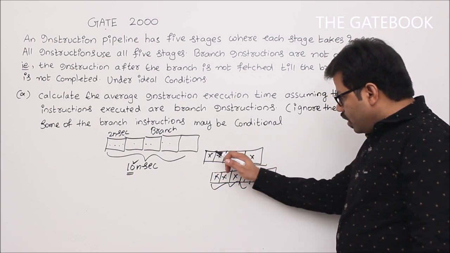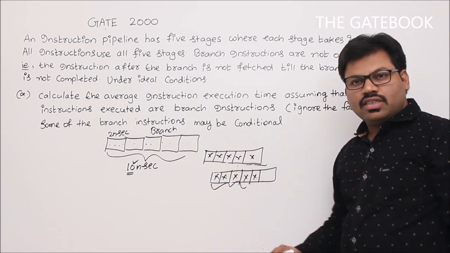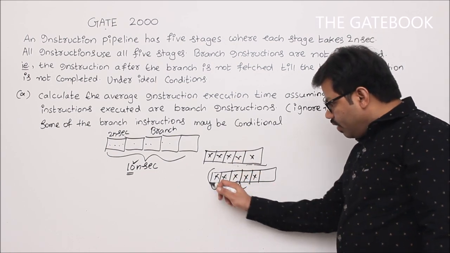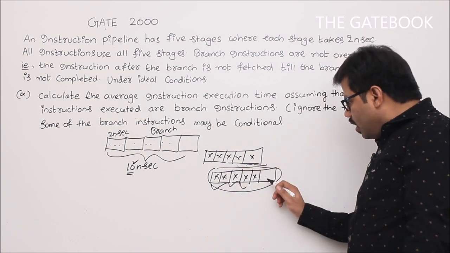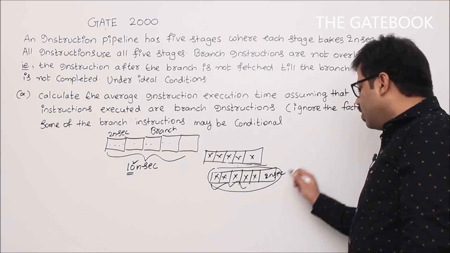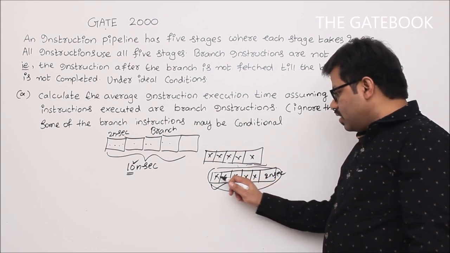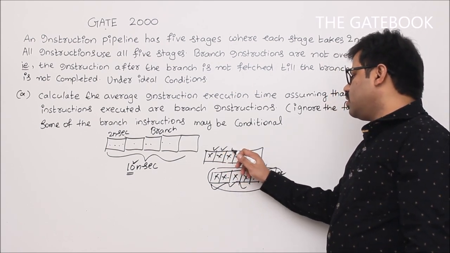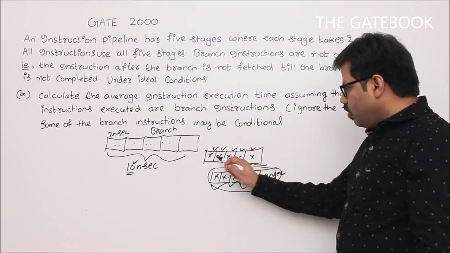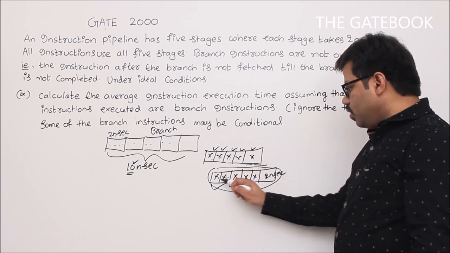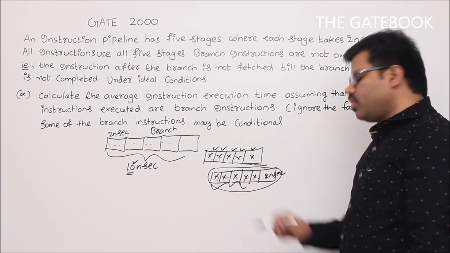If you see these two overlapping instructions, the time taken for this instruction is not a separate 10 nanoseconds. It is only 2 nanoseconds extra, because the remaining 8 nanoseconds are accounted for in the earlier instruction's calculation.